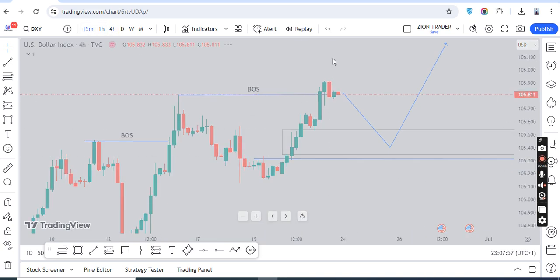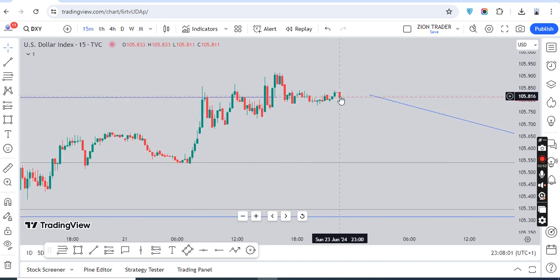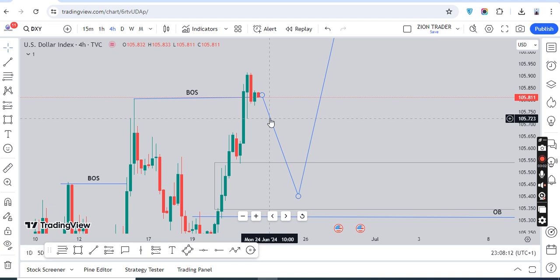So I normally do, guys, on Monday, during the Asia session, I prefer to sell at the Asia high, right? Because if price trades into this fair value gap before the beginning of the London session, I won't take this trade again.